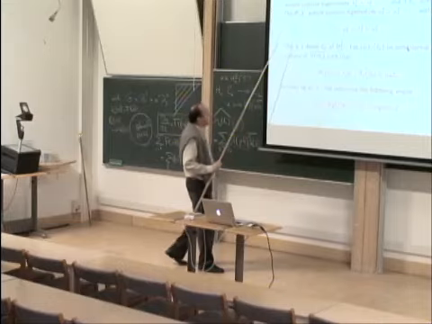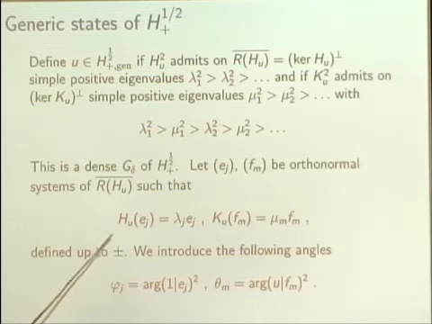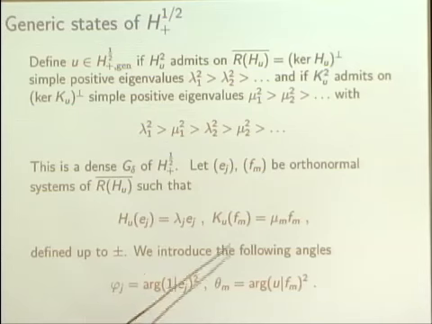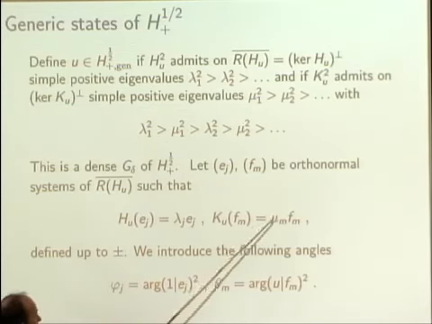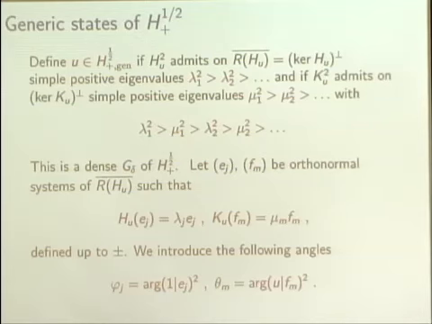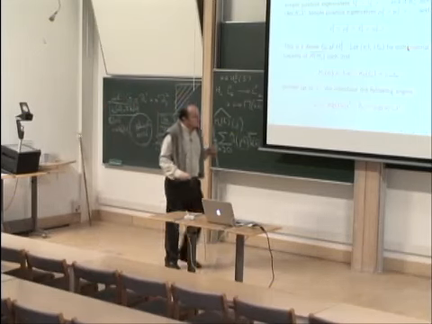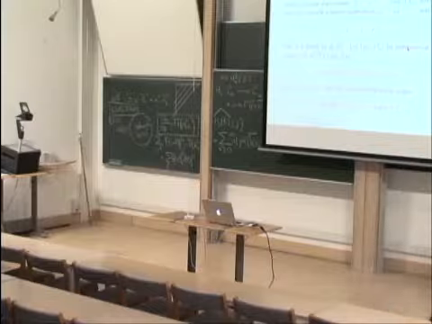And given such an object, it's rather easy to diagonalize, to some extent, these antilinear operators, HU and KU. You can find eigenfunctions, EJs and FM, which correspond to these eigenvalues lambda j and mu m. Why? Well, that's a little subtle because this is related to the fact that it's antilinear. Maybe I should explain why.